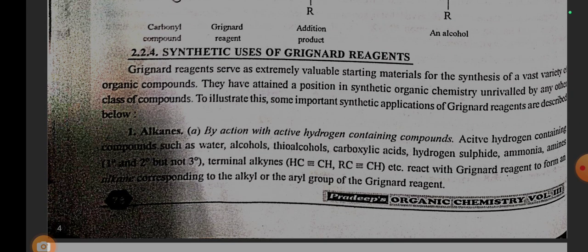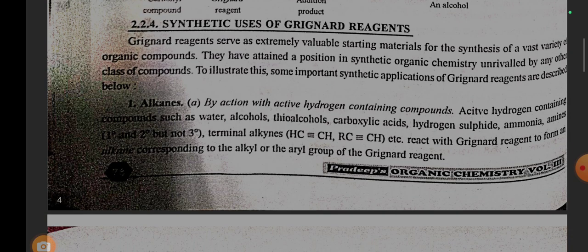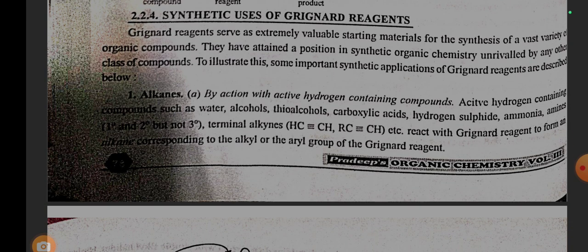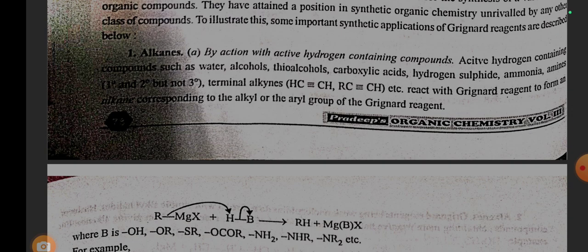Synthetic uses of Grignard reagent. Grignard reagents serve as extremely valuable starting material for the synthesis of a vast variety of organic compounds. They have attained a position in synthetic organic chemistry unrivaled by any other class of compound. To illustrate this, some important synthetic applications of Grignard reagents are described below. Alkanes.